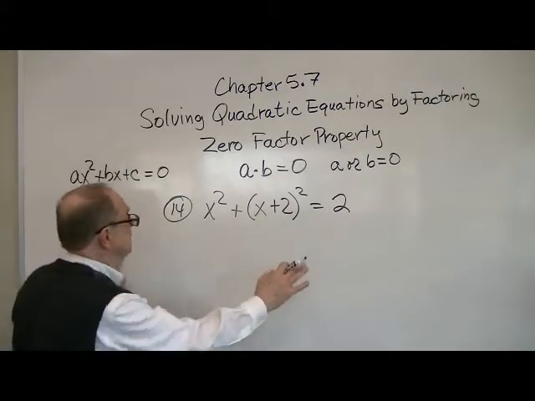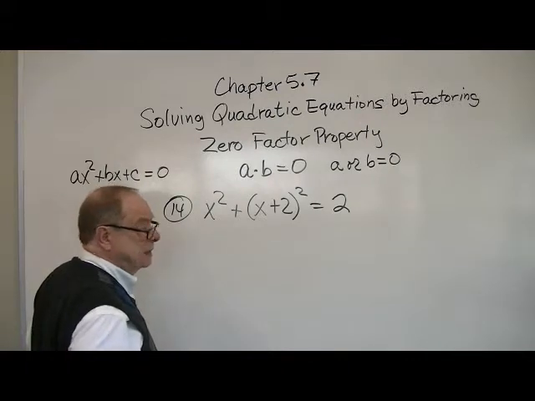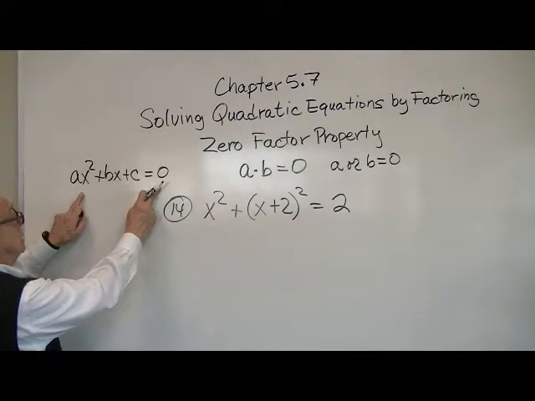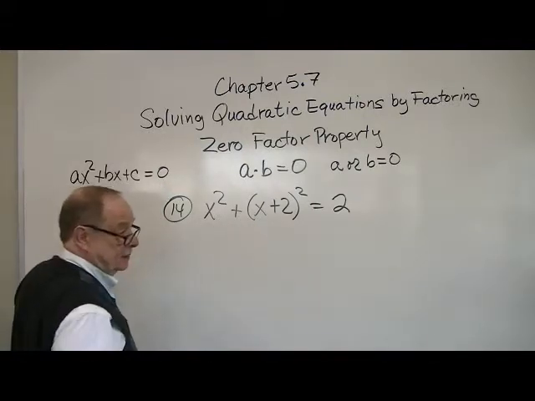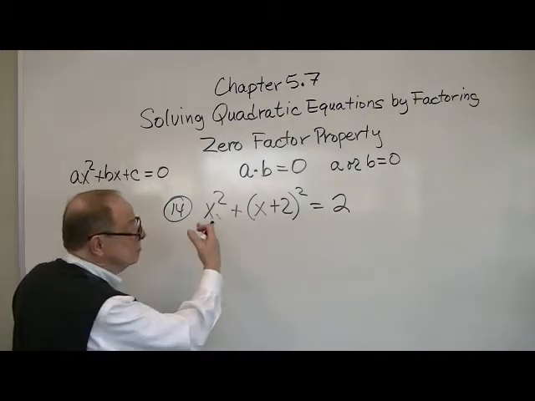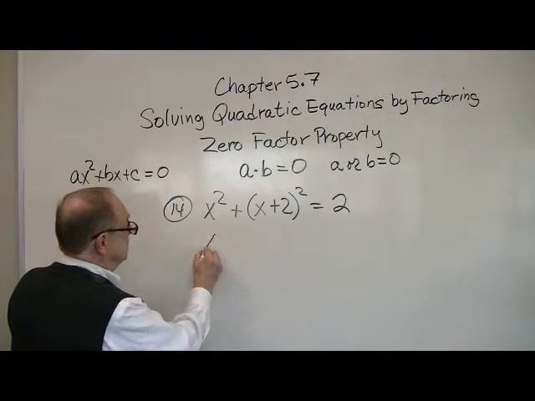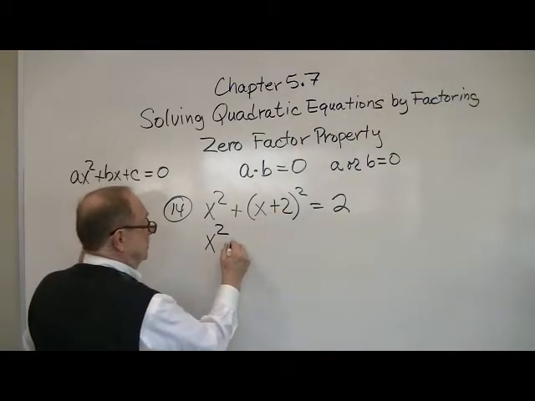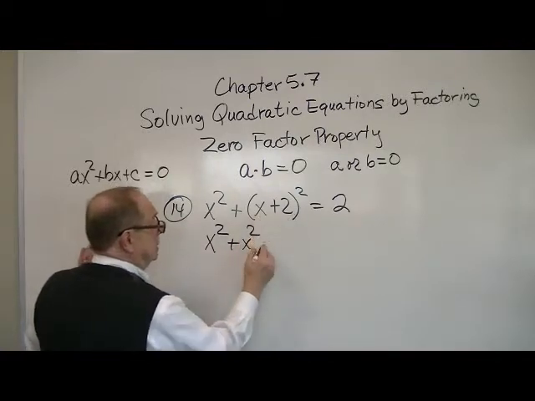Okay, number 14. Now as we look at it, is it in standard form of the quadratic equation? And the answer is no. So our first step then is to get it in standard form. So this will be x squared. We have to square this binomial. Multiply these, double it.